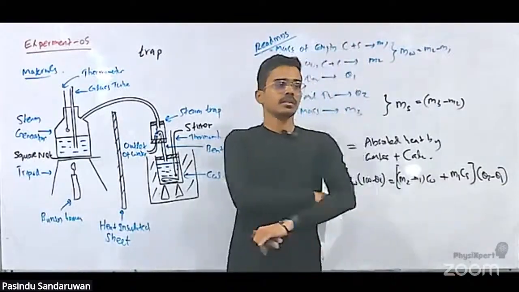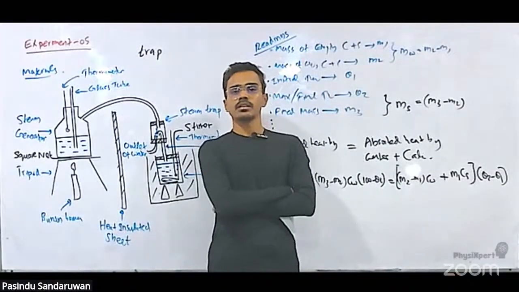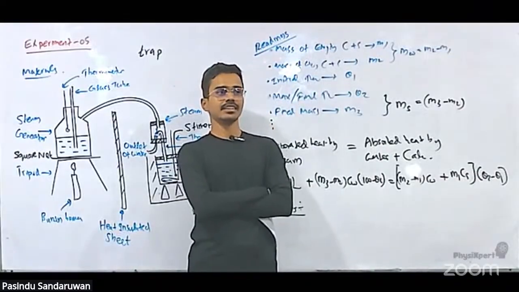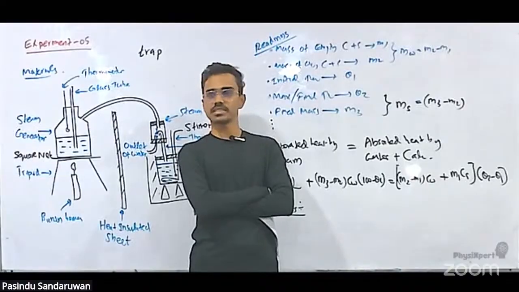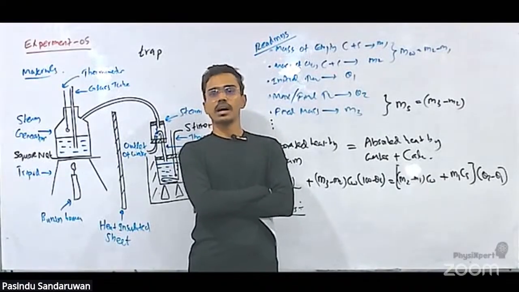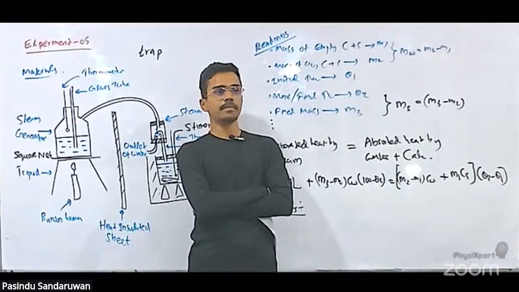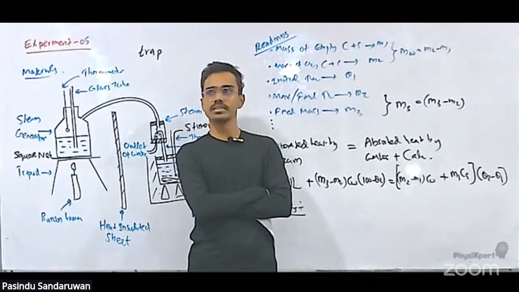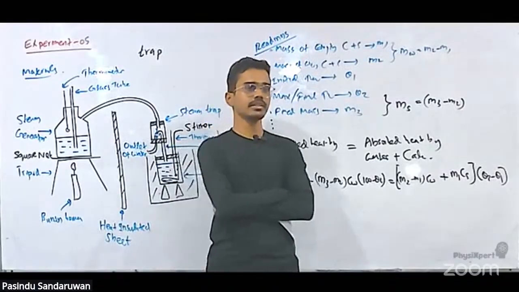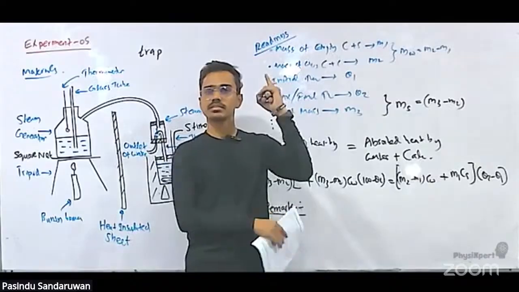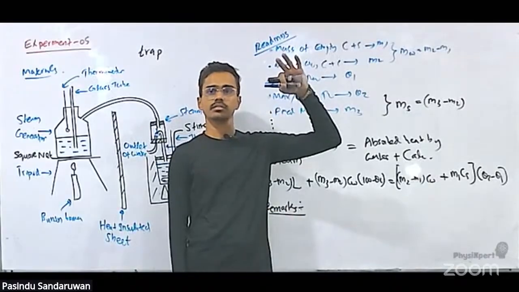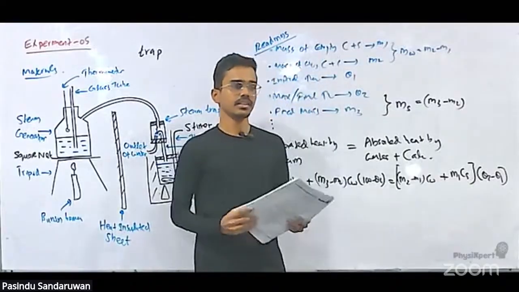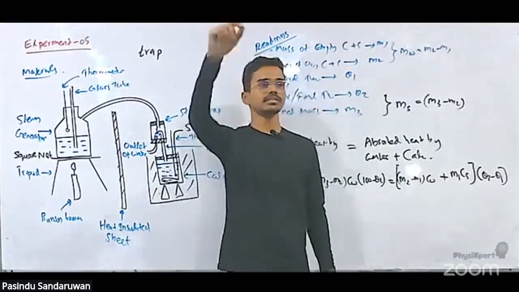Listen, this is a good point. What is the boiling point of water? 100, right? 100 at which pressure? Atmospheric pressure, right? When pressure changes, both boiling points and melting points change. When pressure decreases, boiling point decreases.